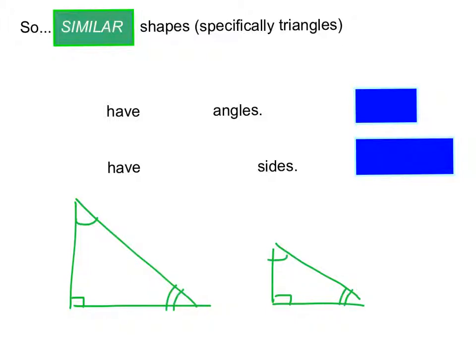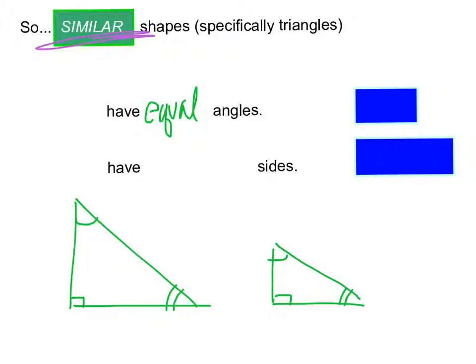Their angles are equal. They have equal angles in similar triangles. However, when we're looking at the sides, do these sides look equal? Not quite, because they're only similar.